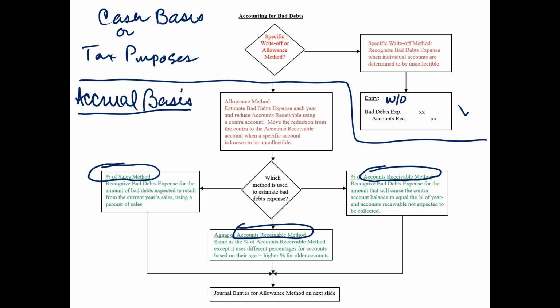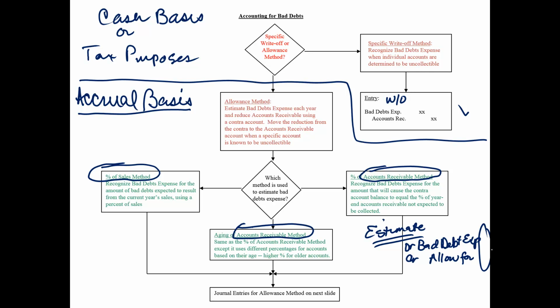So either based on a sales approach or a receivable approach, we figure out the estimate, and that estimate of bad debts is recognized in the year of the sale by making an adjusting entry, which is debit bad debt expense and credit the contra asset account known as the allowance for doubtful accounts, uncollectible accounts, or bad debts.